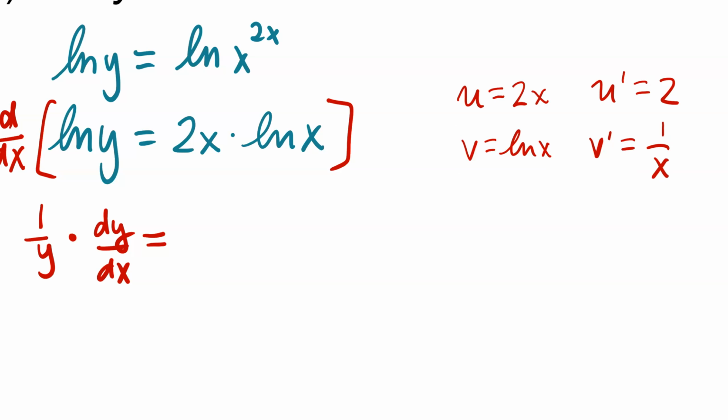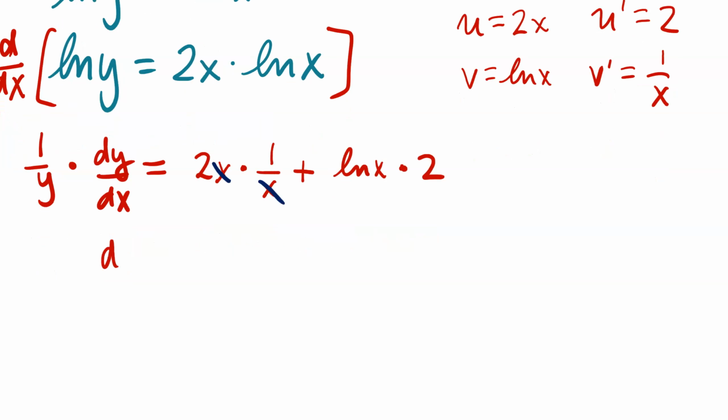There are a lot harder examples we could do, but I just stuck with x to some power of x, because I just want to know you can do the method. So by the product rule, I have u times v prime plus v times u prime. And notice when I have 2x times 1 over x, that simplifies.